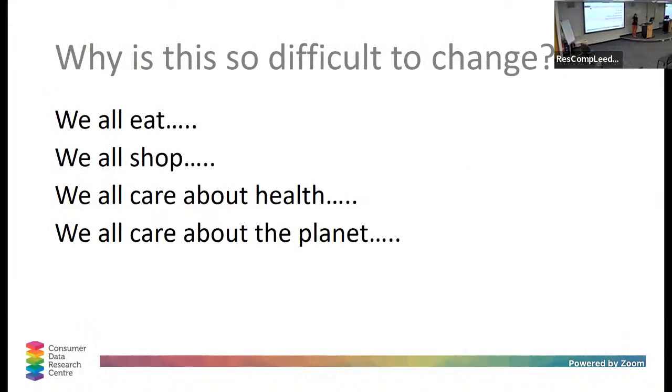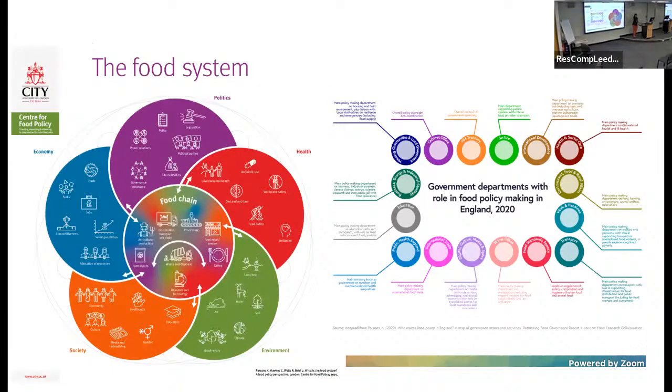Thinking about those stats about diet then, why is that so difficult to change? Partly, not everyone's fully aware of the scale of the problem, but we all eat, we all shop for our food, pretty much all care about our health and the health of people around us, and most people care about the planet, yet it still continues to be a huge problem that's growing and growing. Part of the reason it's so challenging is that the food system is really complicated.